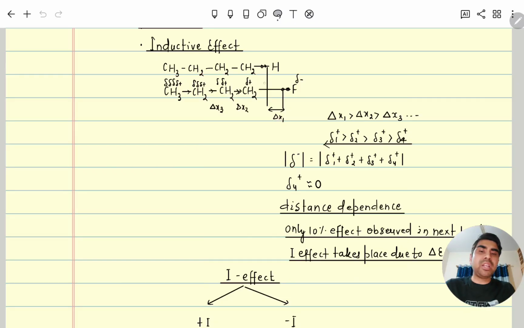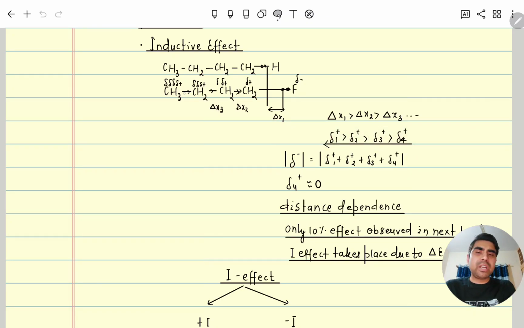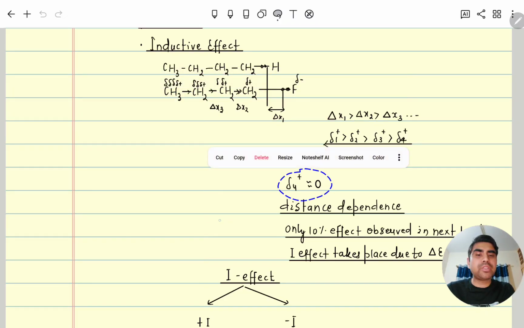If we equate the polarization of charge, the delta negative is equal in magnitude to delta 1 plus 2 plus 3 plus 4. But since the polarization of that fourth carbon will be almost negligible because it is linearly decreasing, delta 4 positive will be 0.